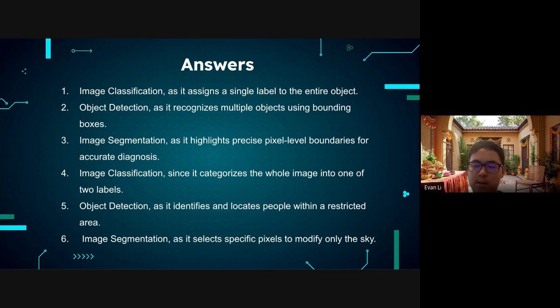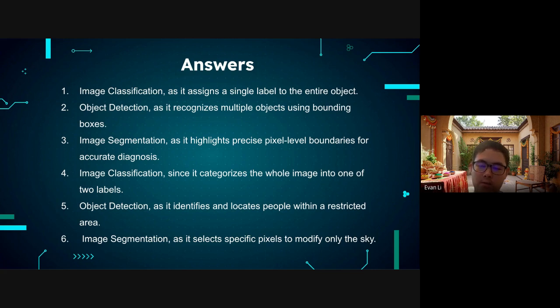This process of identifying and separating specific regions at the pixel level is precisely what image segmentation achieves. Image classification would only tell you that the image contains a sky, and object detection might provide a rough bounding box around the sky, but it wouldn't offer the precise pixel level selection needed for targeted color editing.